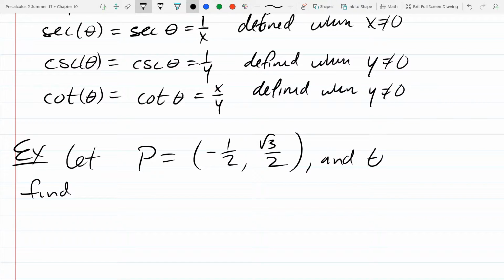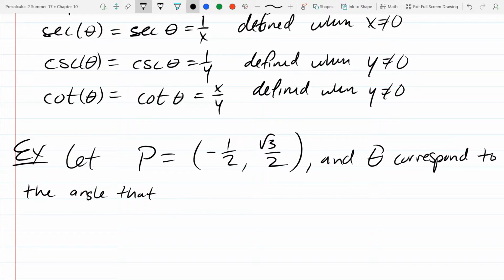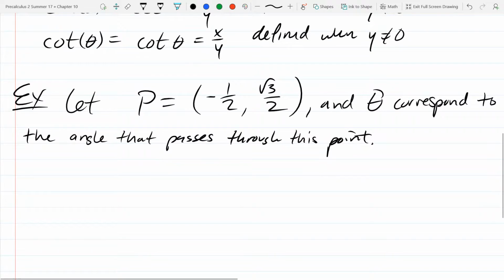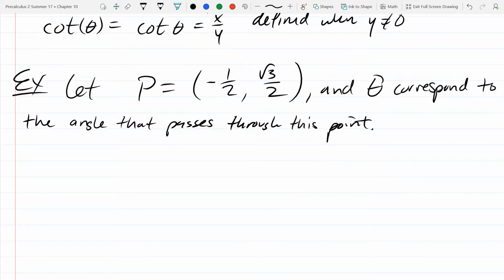And theta corresponds to the angle that passes through this point. And find the 6 trig functions of theta.